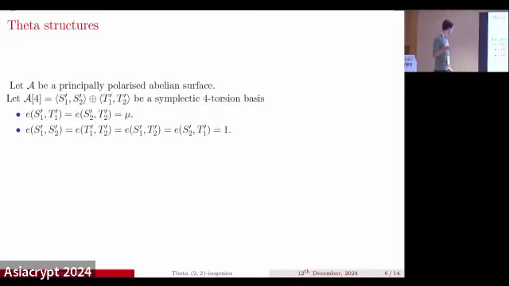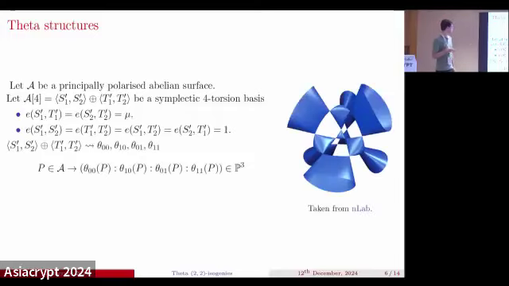Once you fix this symplectic fourth torsion basis, you automatically obtain four functions. These functions are called the theta functions, and they're indexed by 00, 10, 01, 11. There is a specific reason why those functions are indexed in this way. But if you reorder them, you will obtain analogous formulae.